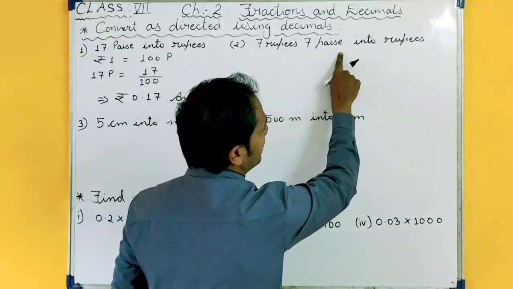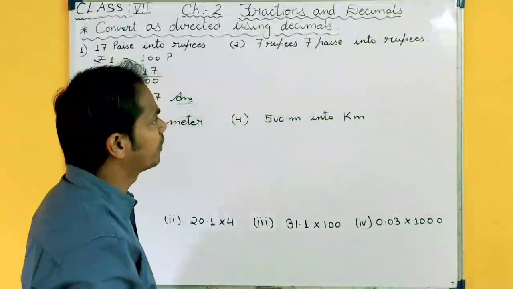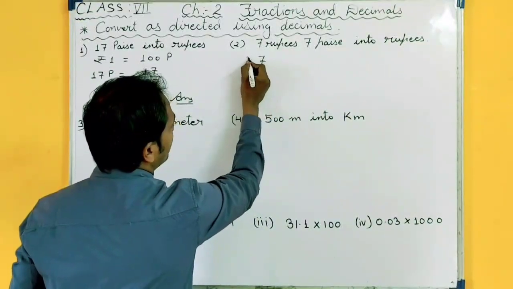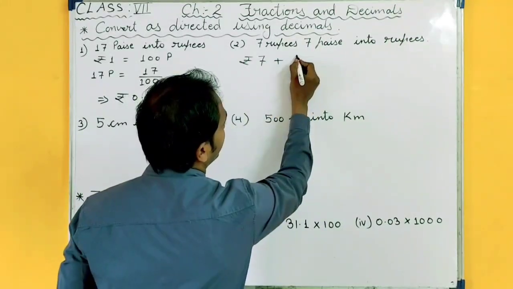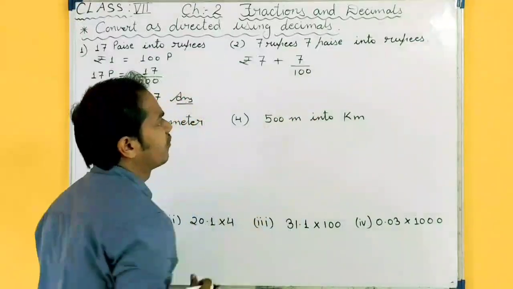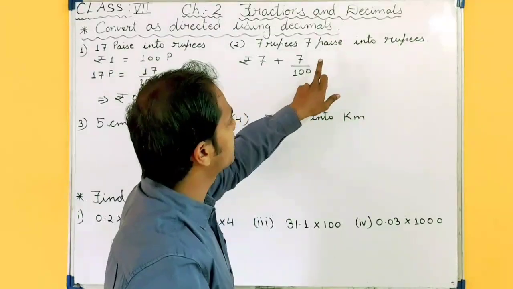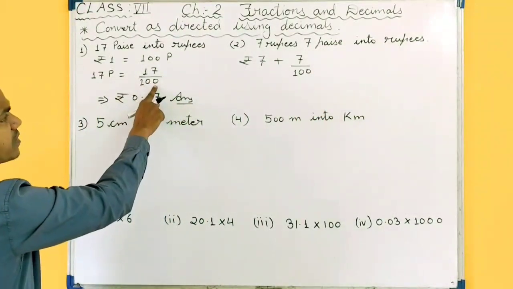Okay, same way. 7 rupees, 7 paisa into rupees. This is already rupees. You cannot convert rupees into rupees. So rupees 7 plus this is 7 paisa. So I will write here 7 divided by 100. Why have I written divided by 100? I have converted this paisa into rupees. To convert paisa into rupees, divide by 100.